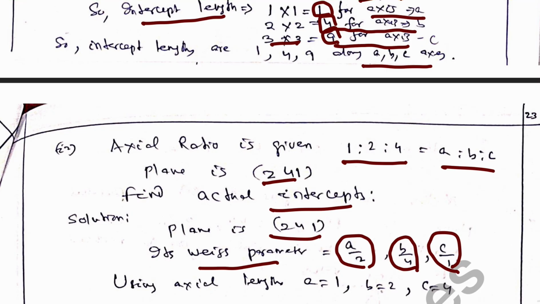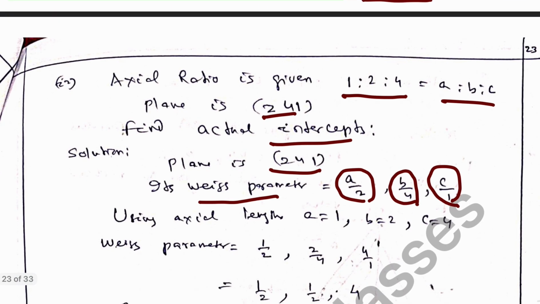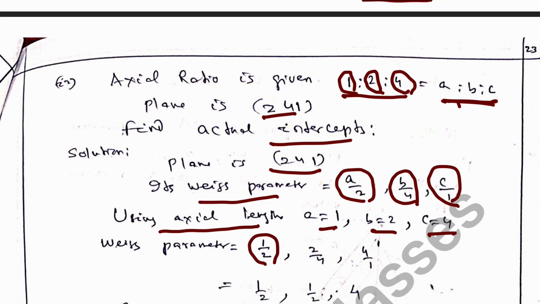Using the axial lengths, a is 1 unit, b is 2 units, c is 4 units. So a is equal to 1, b is equal to 2, c is equal to 4, and we have the Weiss parameters a by 2, b by 4, c by 1.